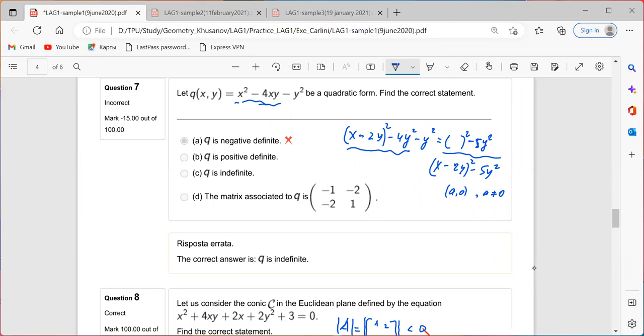How can we obtain negative? This value will be negative if you take, for example, x equal to 2y. You can put instead of y a, and instead of x you put 2a.